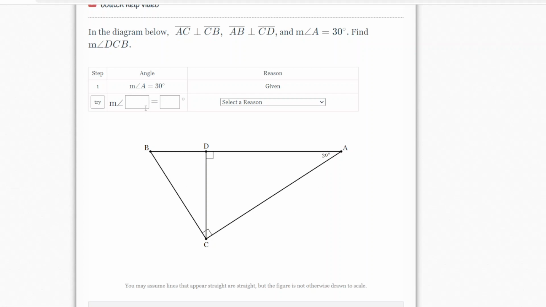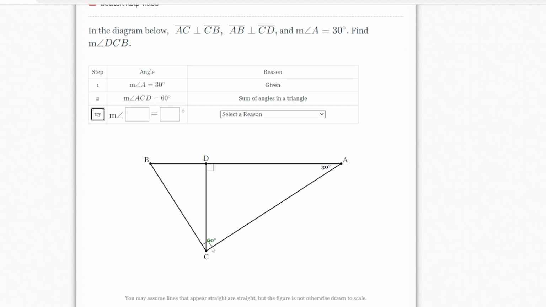So angle ACD would be 60 degrees because of the sum of the angles in a triangle. Well, if this adds up to make 90, I know that this has to be 30 because 30 plus 60 makes 90. So I'm going to say the measure of BCD or DCB is 30.